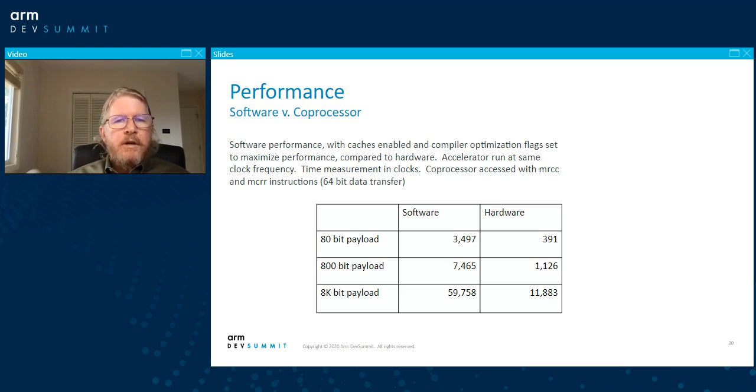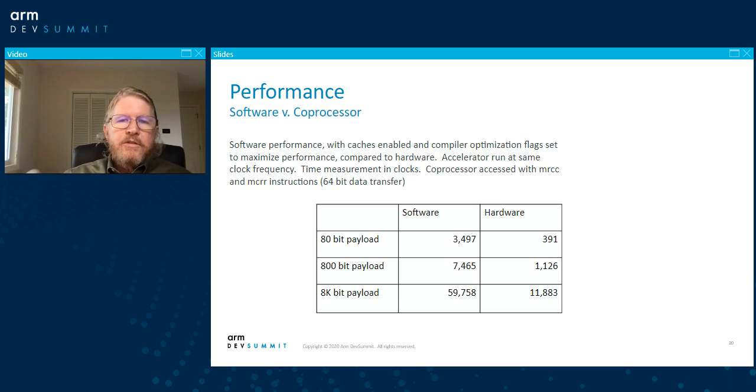Both the accelerator and the processor are going to be running at the same clock frequency, and we measured the performance in clock operations. The coprocessor is accessed using the MRRC and MCRR instructions, specifically passing 64 bits of data on each transfer. And we ran this against an 80-bit payload, an 800-bit payload, and an 8,000-bit payload.